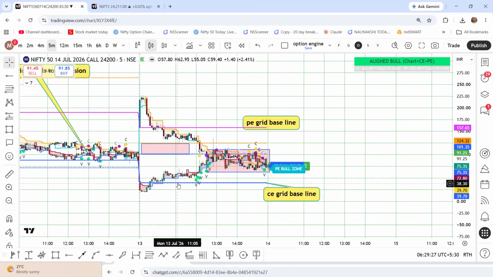You can also apply my Nalini Precision Engine and see whether it is favoring it. All my indicators, whether it is the Nalini Lawrence system, the Nalini Precision Engine, or the grid system, will complement each other.